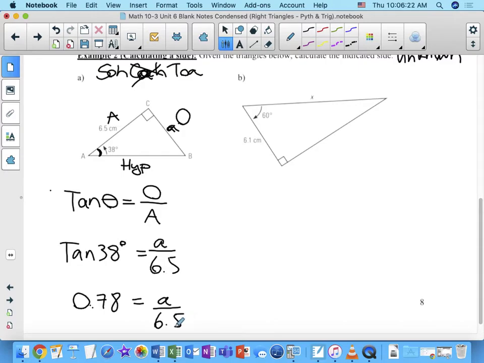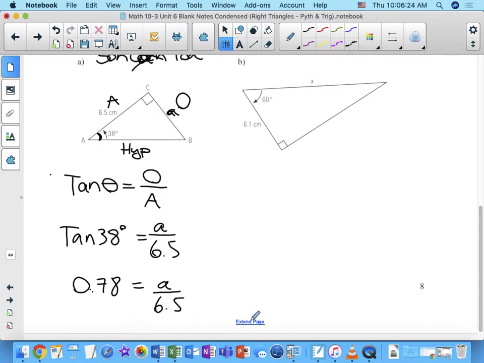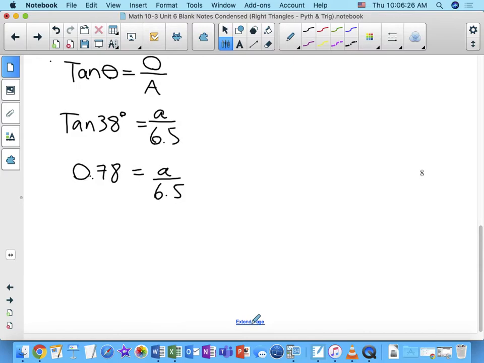And if it makes it easier for you, you could actually turn this into a fraction. 0.78 is just 0.78 over 1. Because now this looks really similar to what we did earlier this year with proportional reasoning. Right? We need to now solve this equation for A. What are we doing to A right now?